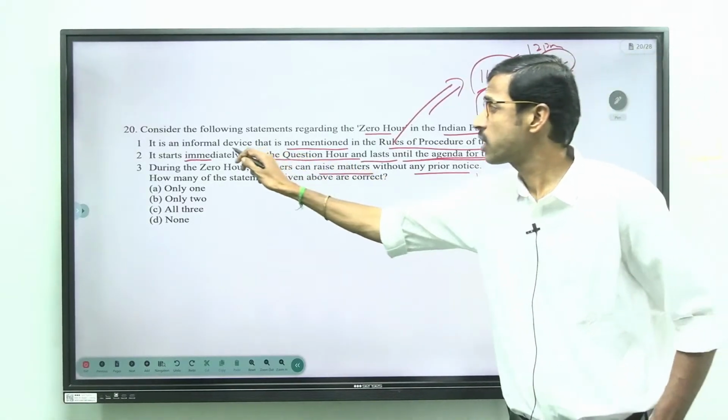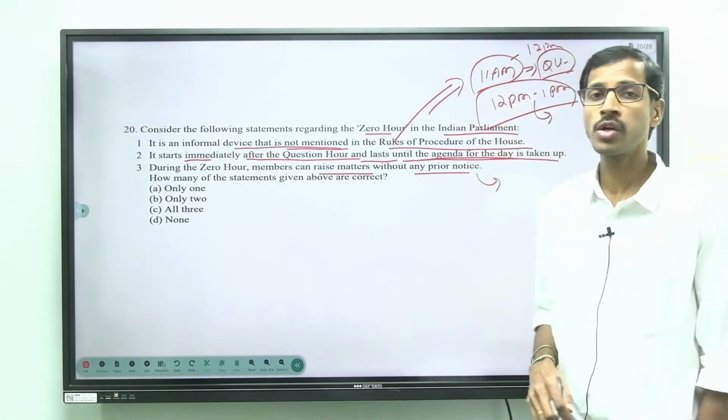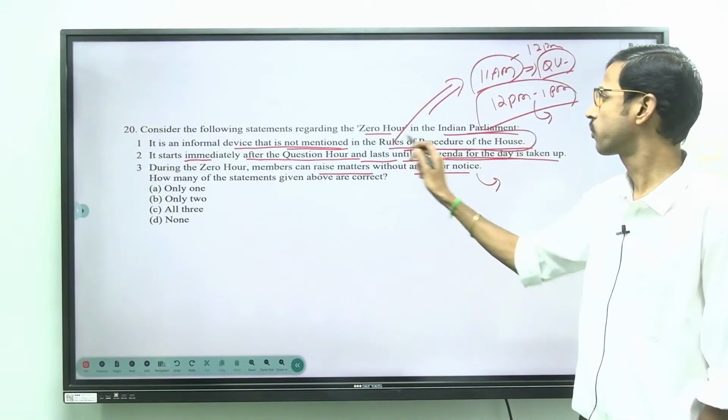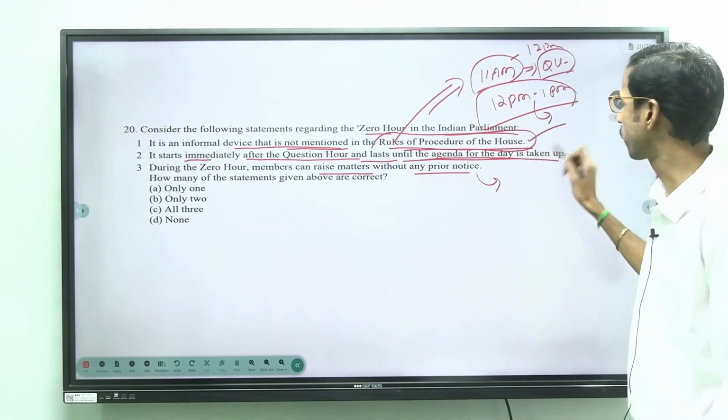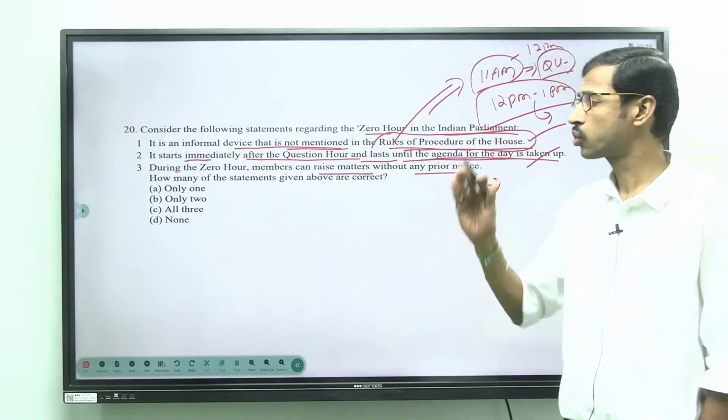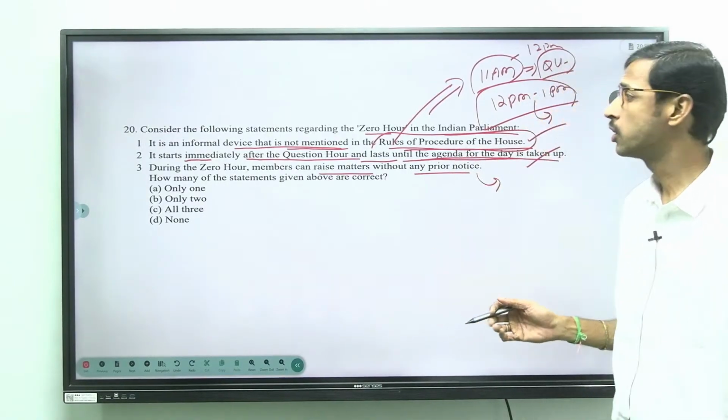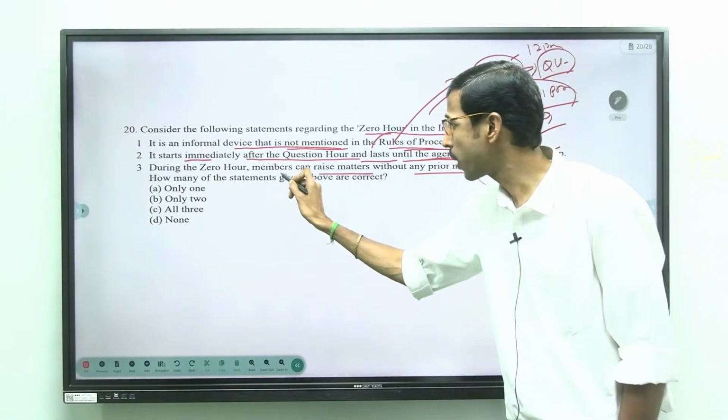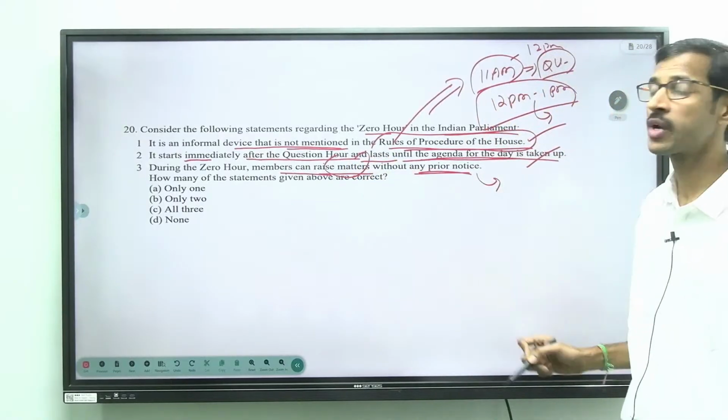So it is an informal device that is not mentioned in the rules of procedure of the House. That is correct. So, not mentioned. So after the question hour only it will be applied. During Zero Hour, members can raise matters without any prior notice.